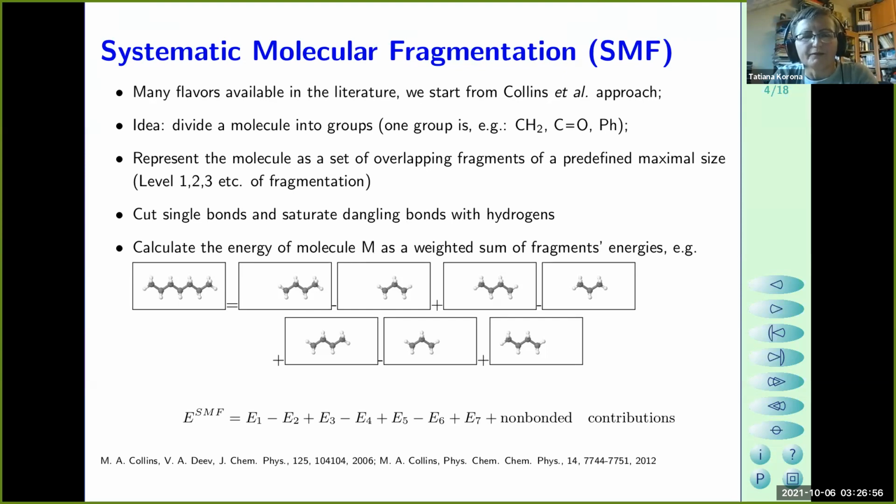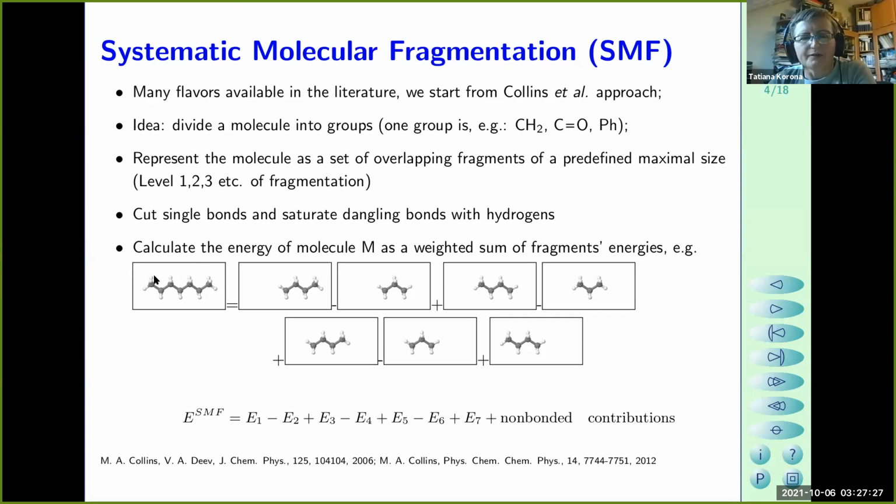For instance, level 3 means that we will have fragments of 4 or 3 groups. Of course, we are allowed to cut single bonds only, and we separate dangling bonds with hydrogens.